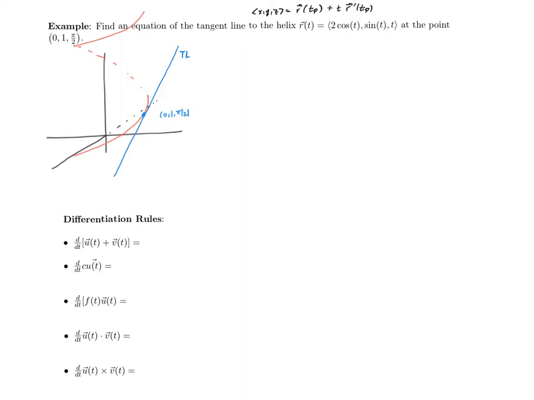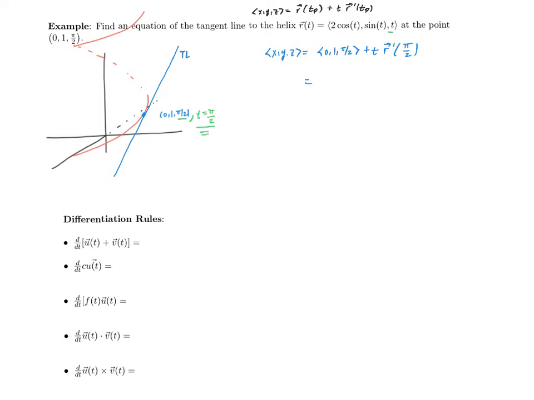And if we are at this point 0, 1, pi over 2, if we focus in on the z component, that's telling us exactly what t is equal to. This is telling us that t is pi over 2. So our tangent line has the form r of pi over 2, which is 0, 1, pi over 2, the vector corresponding to the point, plus t times r prime of pi over 2.